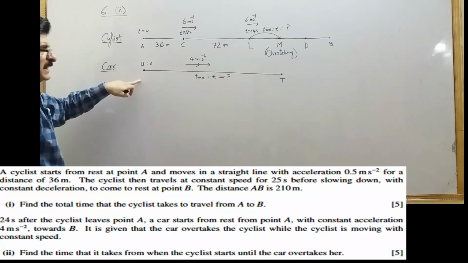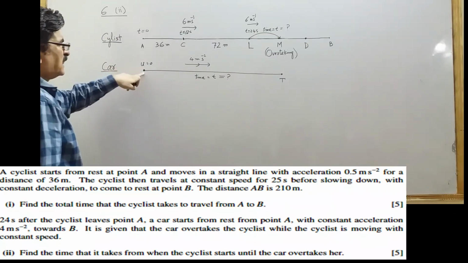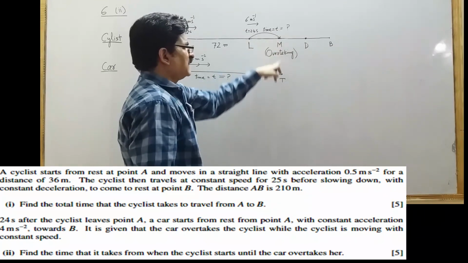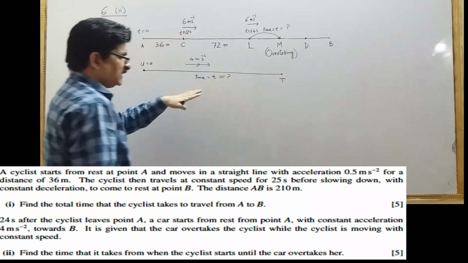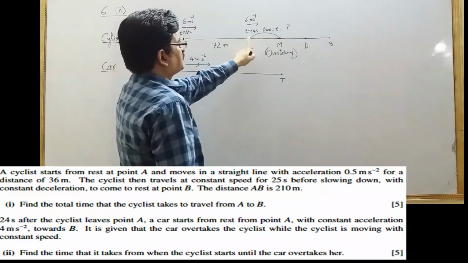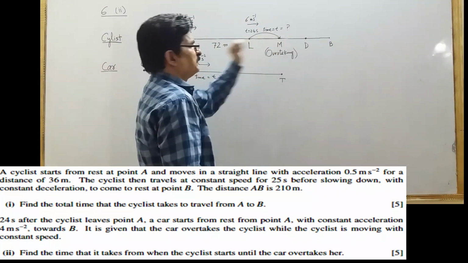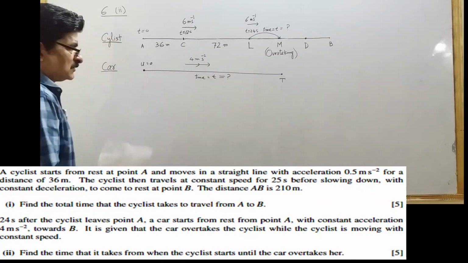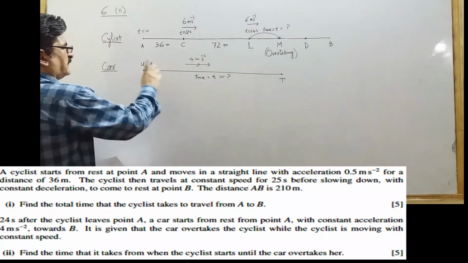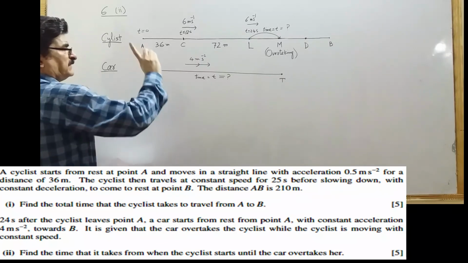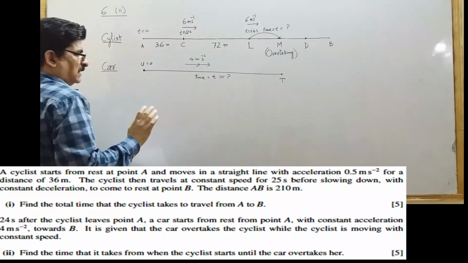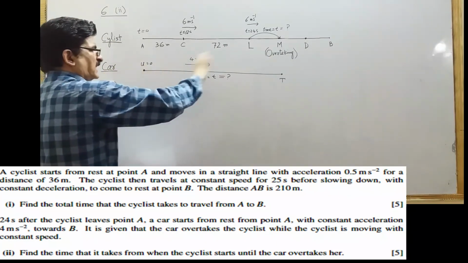When the car starts, the car reaches from this same point to this point in time t, during which the cyclist moves from L to M. Again, repeat: after 24 seconds, the cyclist is at L. The car is moving fast.